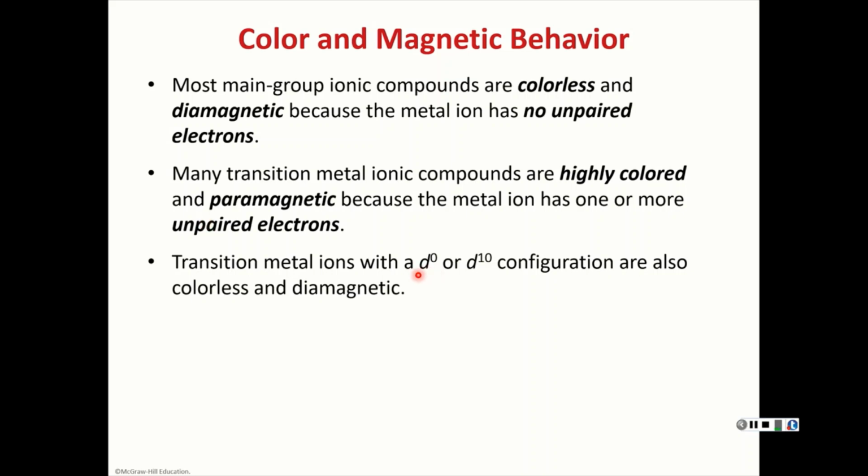Right, so the only way a transition metal can be colorless or diamagnetic is when it doesn't have any d electrons or when it has a d10. Right, that's specifically for transition metal ions and not necessarily in compounds. Okay, so that's the transition metal ions by themselves.